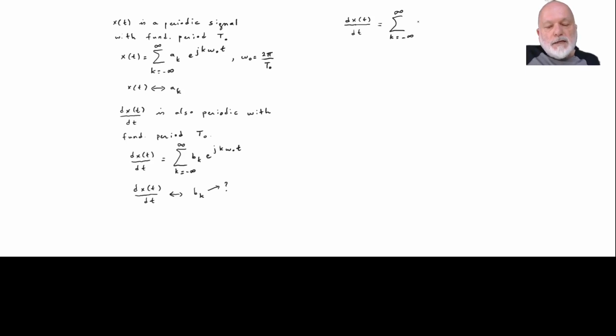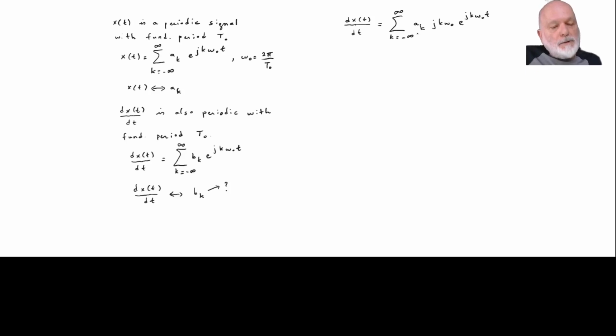But suppose that we are able to differentiate the Fourier series representation term by term. So we have ak. Now the derivative of e to jk omega 0 t is jk omega 0 e to jk omega 0 t.